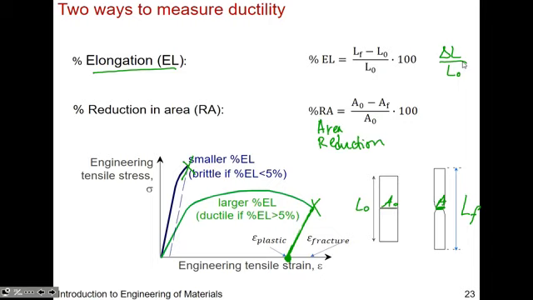So in this example here, this value is higher or larger for a ductile material. So the percent elongation is going to be more than that of a material that's not ductile. So say a ceramic, that's all.